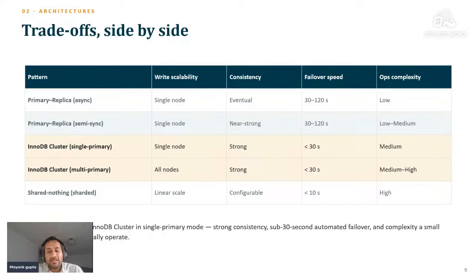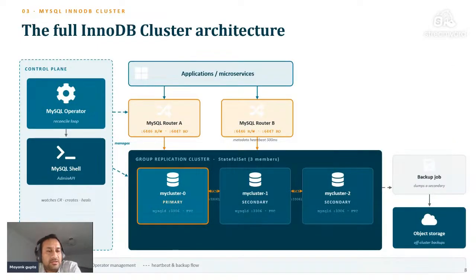But what if we have multiple primaries? If you go back to the original picture, right now we have one primary. But if there is, let's say, some trading application, they cannot afford 30 seconds of recovery time. So they can have multiple primaries. At that time, the router will talk to all the primaries at the same time, and all the database nodes are updated with the latest data.